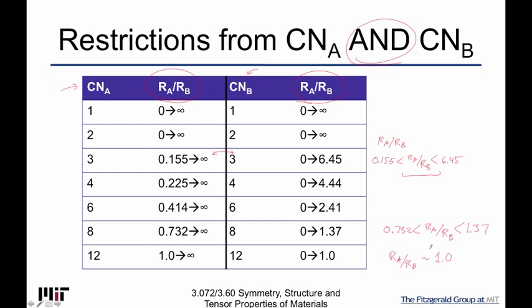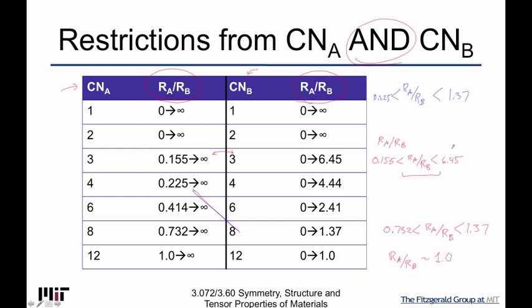And of course, I don't have to do it that way. I could look across and ask, what about a coordination of 4 and 8? Just make this up. If I want 4 and 8, then RA over RB would have to be greater than 0.225 but less than 1.37.